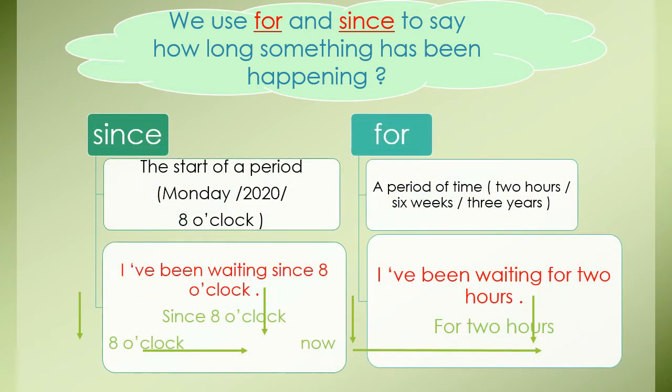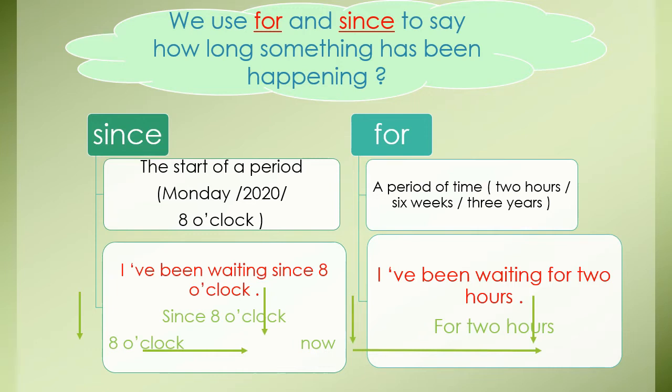Look, here we have since and for. What's the difference between since and for? We use since when we say the start of a period, like since Monday, since 2020, since 8 o'clock.